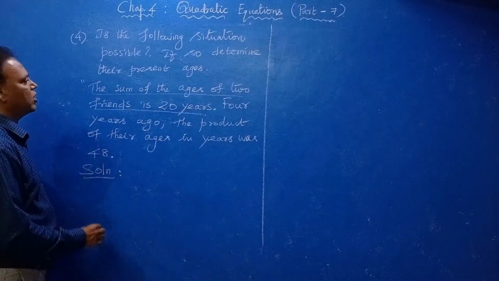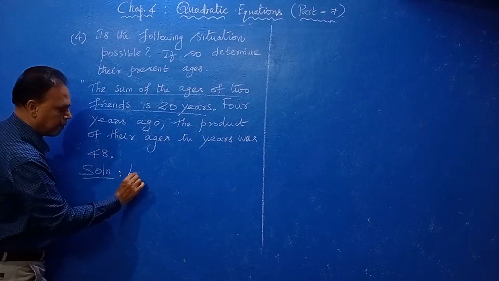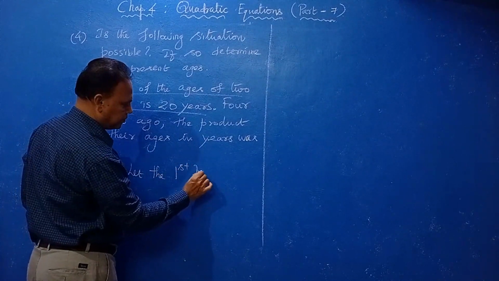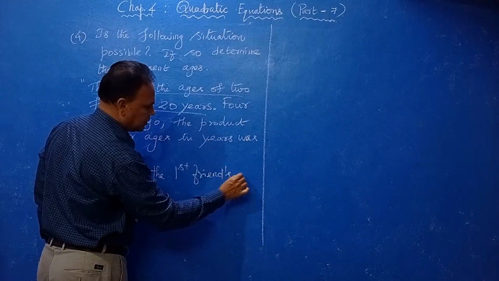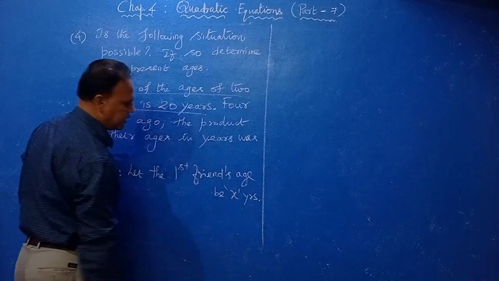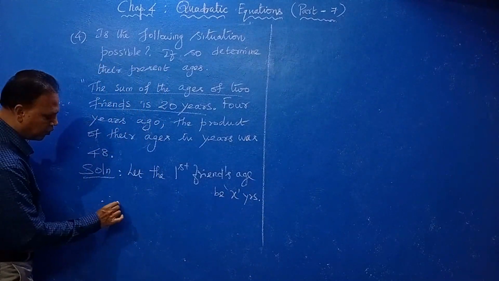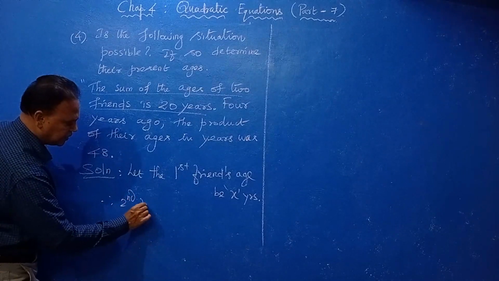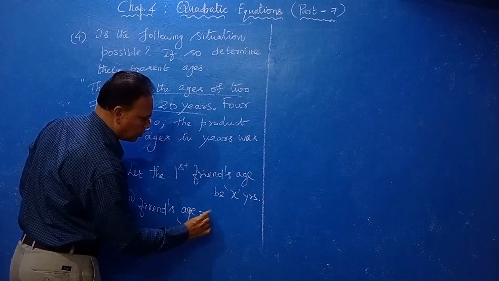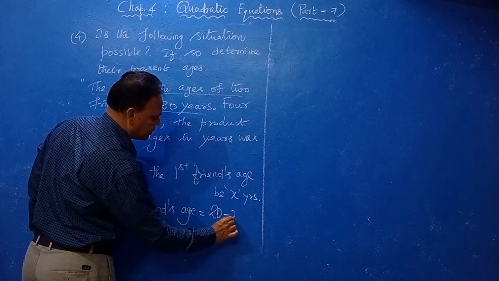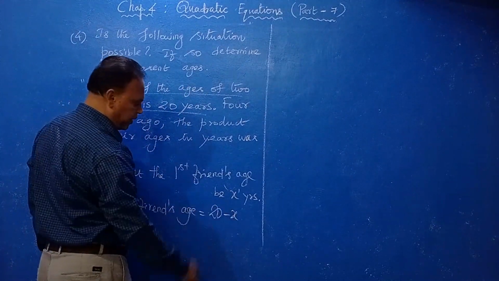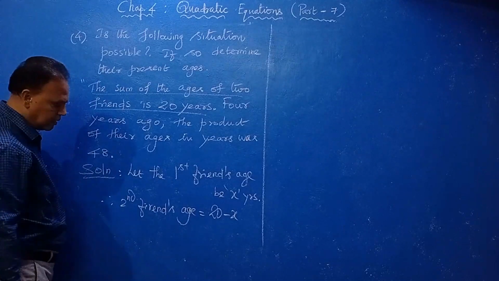So first you have to write: let the first friend's age be x years. Therefore, the second friend's age is equal to 20 minus x, because the sum of the two friends' ages is 20 years. One is x, so the other is 20 minus x.